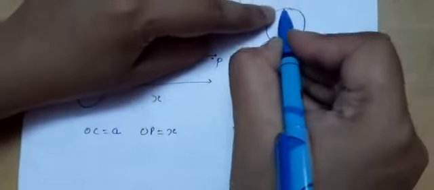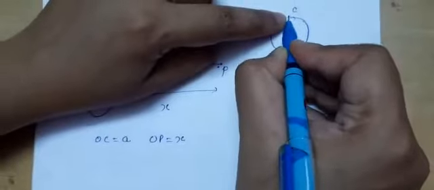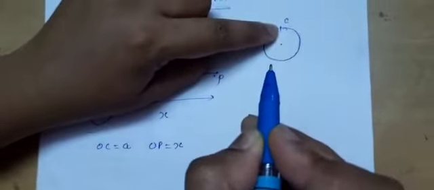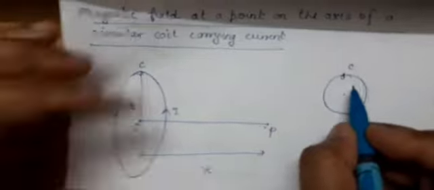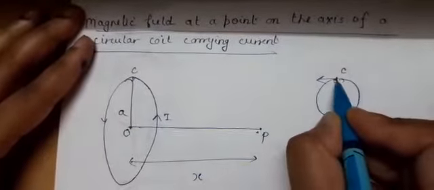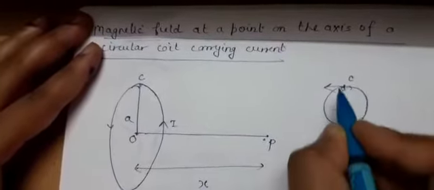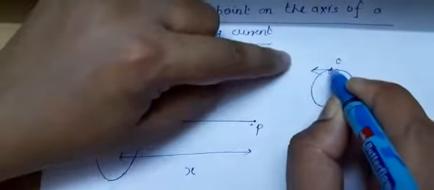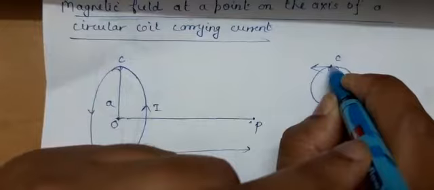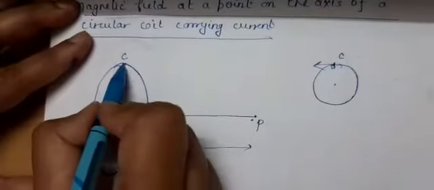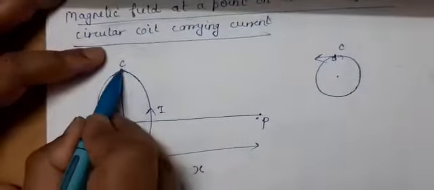If from this point C we join point P, that line will be perpendicular to the element. You can see that the tangent at this point is perpendicular to the line along which we are taking the measurement.